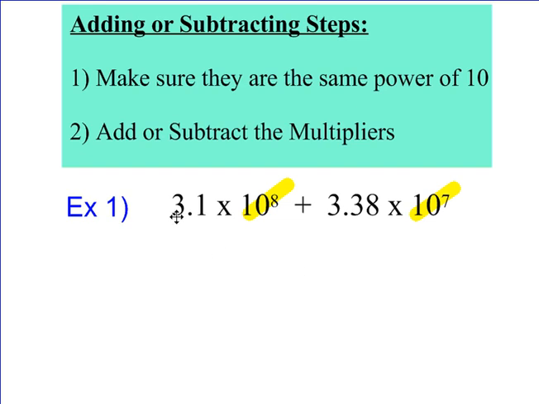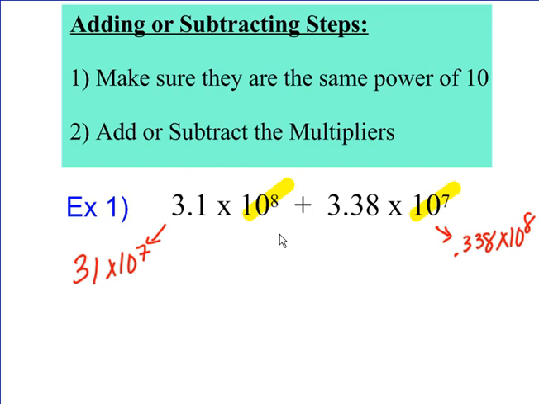If I wanted to change 3.1 times 10 to the 8th to be times 10 to the 7th, this would then become 31. We would move the decimal to the right one place in order to make the exponent go down one place. Now if I wanted to make the other become times 10 to the 8th, this would become 0.338. In other words, in order for the exponent to go up one, the decimal would move to the left one.